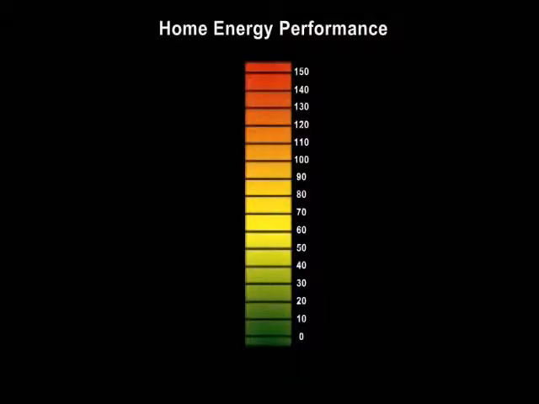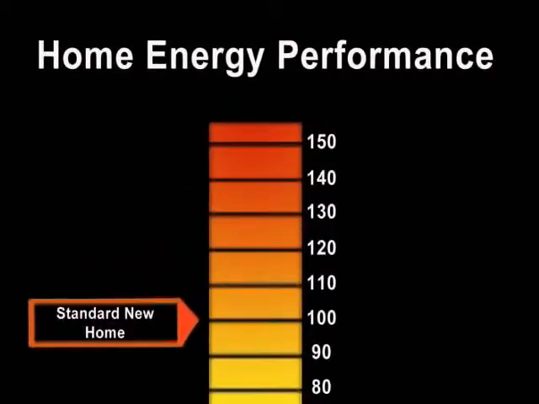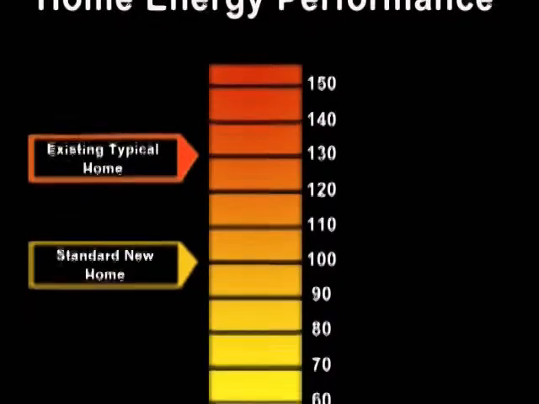If we take a look at the energy performance of buildings in the U.S., the number 100 represents the current U.S. building code. Existing homes, most of the 113 million houses and apartments in the United States, are at the top of the chart. They typically use 30% more energy than a new home built to code.